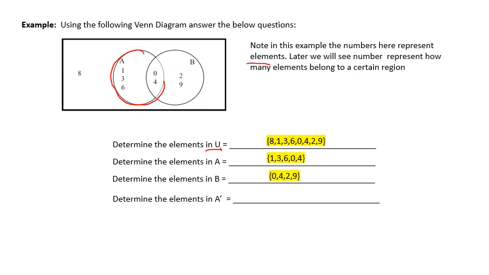Well, anything in the circle associated with B, namely 0, 4, 2, and 9, are elements in B. And the last one, can you determine the elements in the complement of A? In other words, what elements are not in A? Well, all of these elements are in A, but also these elements. So you should have 8, 2, and 9 are the elements in the complement.